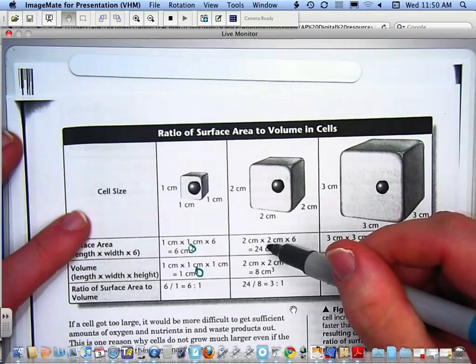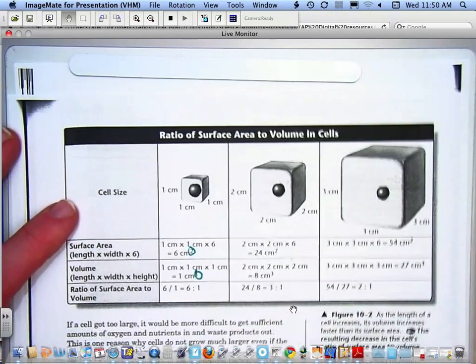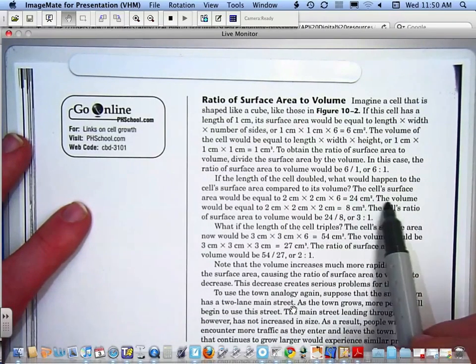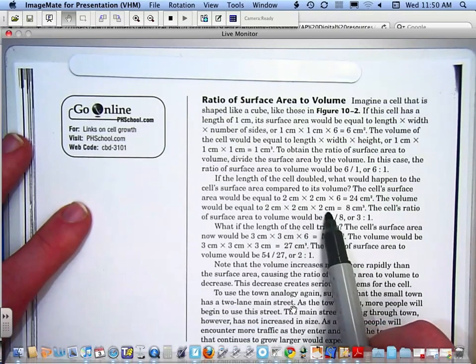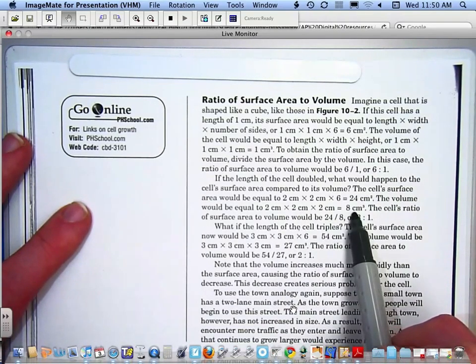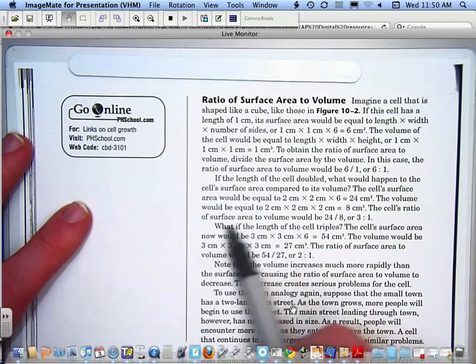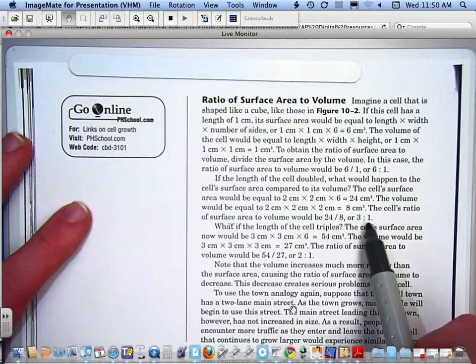You get 24 square centimeters. Alright, but what about the volume? It says the volume would be equal to 2 centimeters times 2 centimeters times 2 centimeters, or 8 cubic centimeters. The cell's ratio of surface area to volume would be 24 to 8, or 3 to 1.